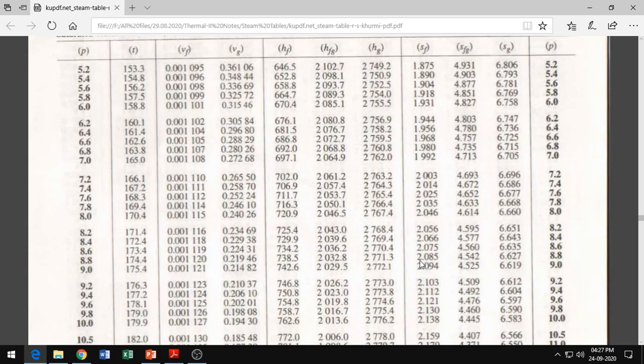SF value 2.085 is the entropy of the water, 4.542 is the entropy of evaporation, and here 6.627 is the entropy of the dry steam. The unit for specific volume is meter cube per kg, for enthalpy kilojoule per kilogram, and for entropy kilojoule per kilogram Kelvin, right? So we have taken all the data from the steam table.